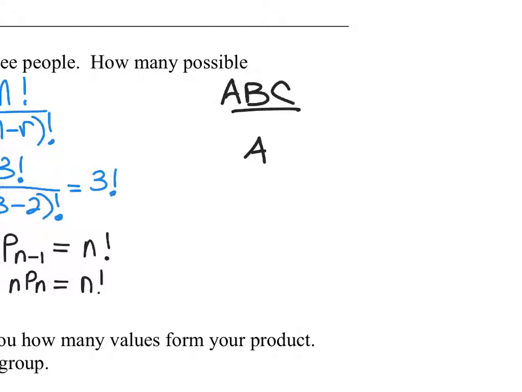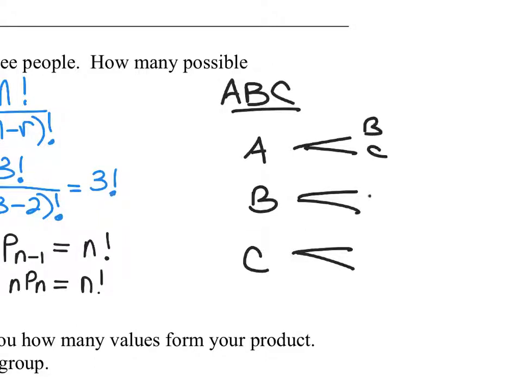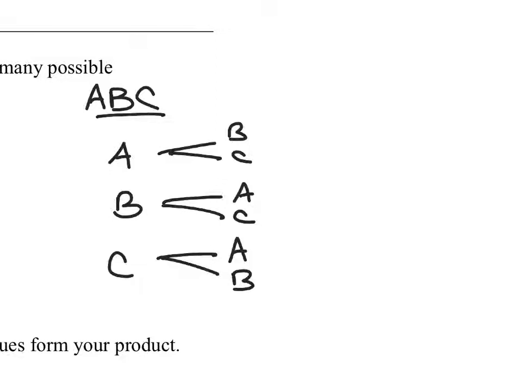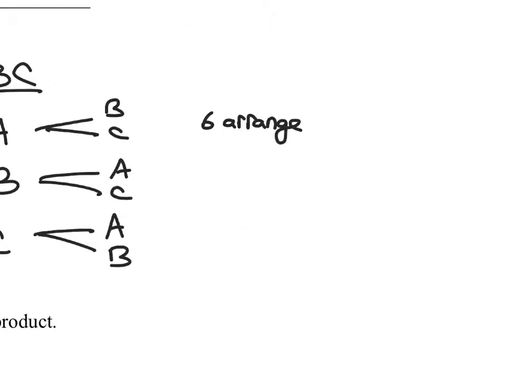So any of the 3 people could be in position 1, and then position 2 is dependent on who's left over. There's only 2 people left over, so BC, AC, and AB. And so you have your 6 arrangements, all right? Now, and you can make a little note of that. 6 arrangements.